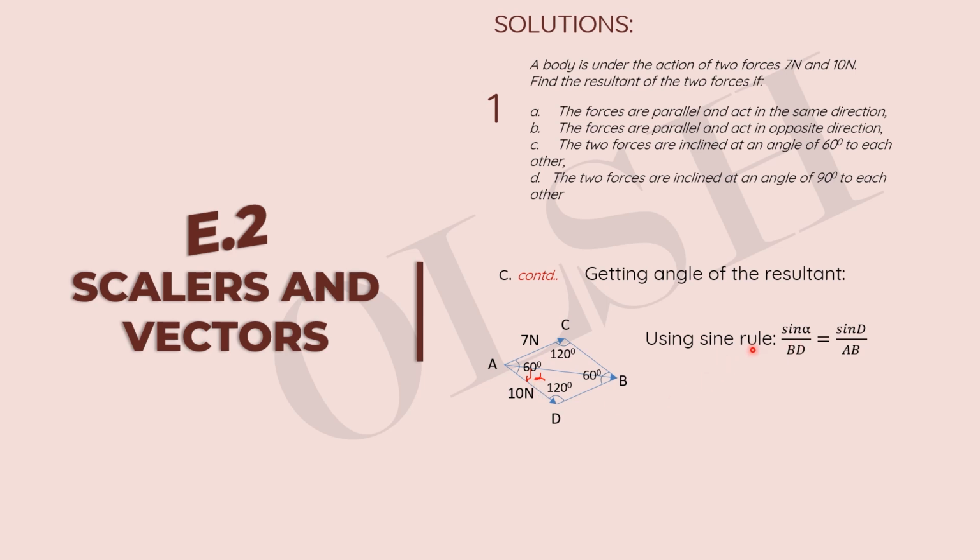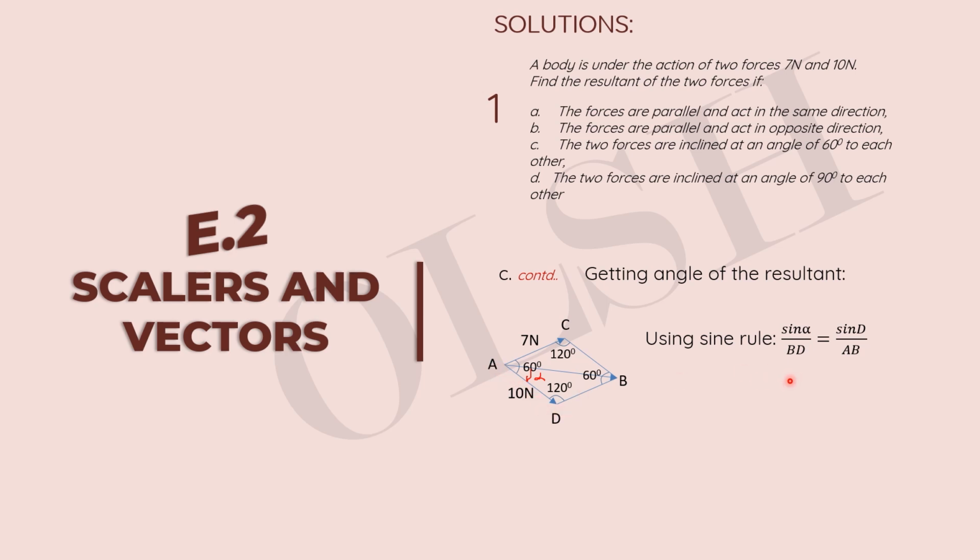So using the sine rule, we have sine alpha over BD equal to sine D over AB. So this is sine D. Remember, we're dealing with just this triangle. So we're trying to find this angle, the angle the resultant makes with line AD.